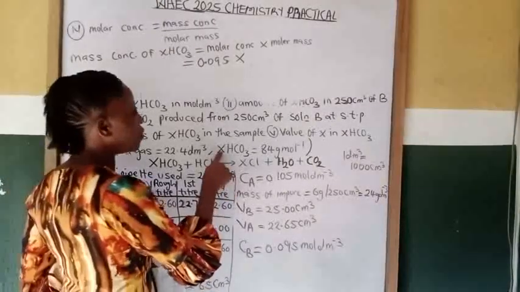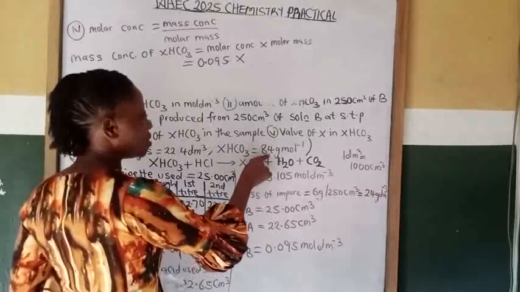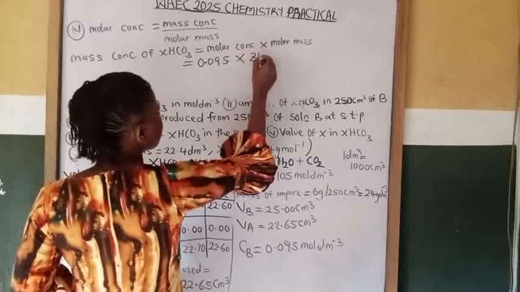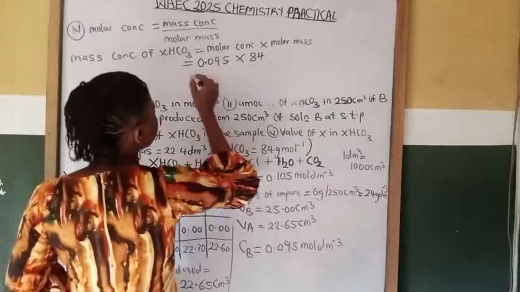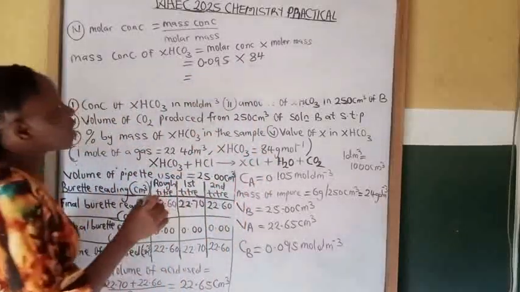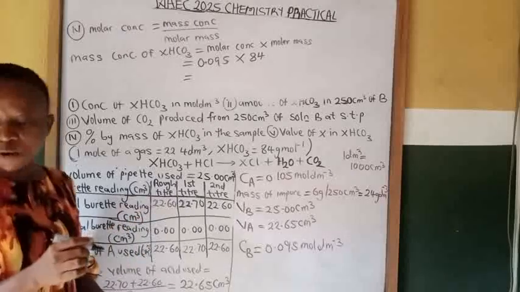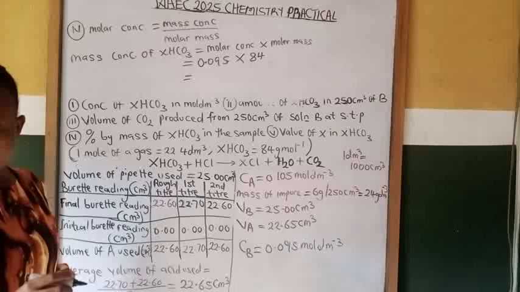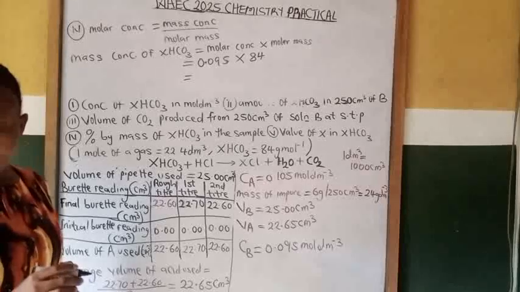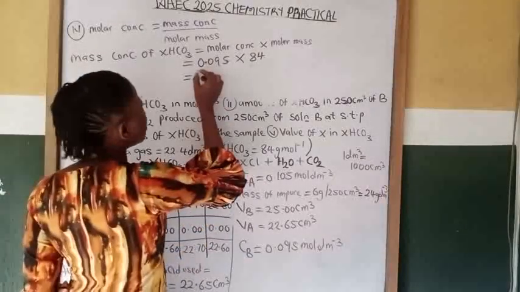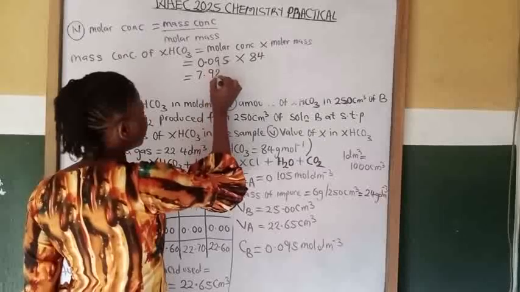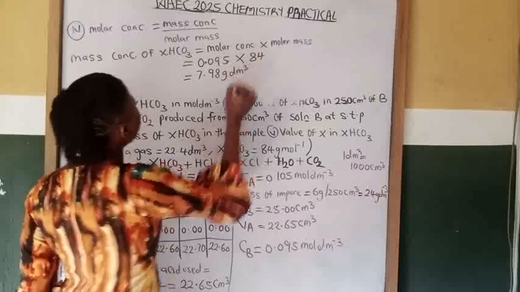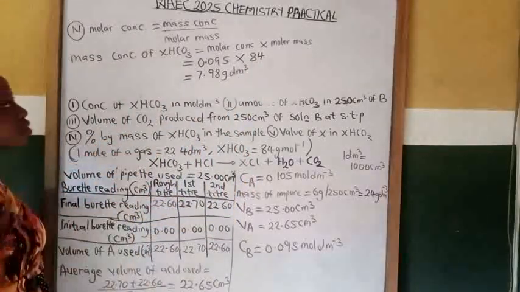So it's 0.095 times 84. 0.095 times 84 will give us 7.98 gram per dm cube, because we are looking for the mass concentration.